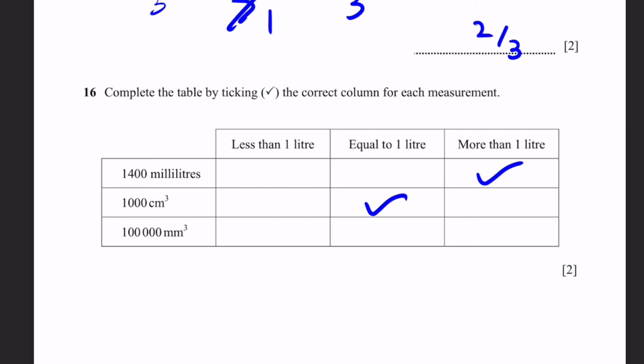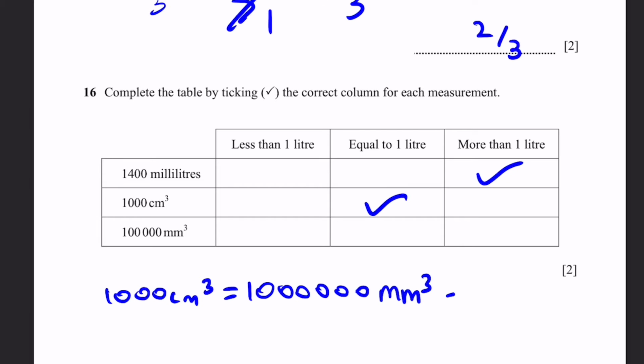Next is 100,000 millimeters cubed. So 1000 centimeters cubed is equal to how many millimeters cubed? 1000 multiplied by 10 three times. So 1 million millimeters cubed. So that's equal to 1 liter. This is 100,000, so it's less than 1 liter.